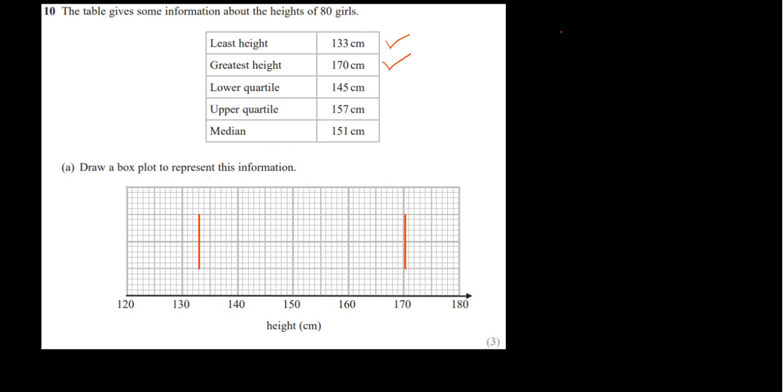The lower quartile is 145, so at 145 draw a line like so. Upper quartile is 157, so at 157 draw a line like so, and the median is at 151. Let me tick off 157 and the median 151.